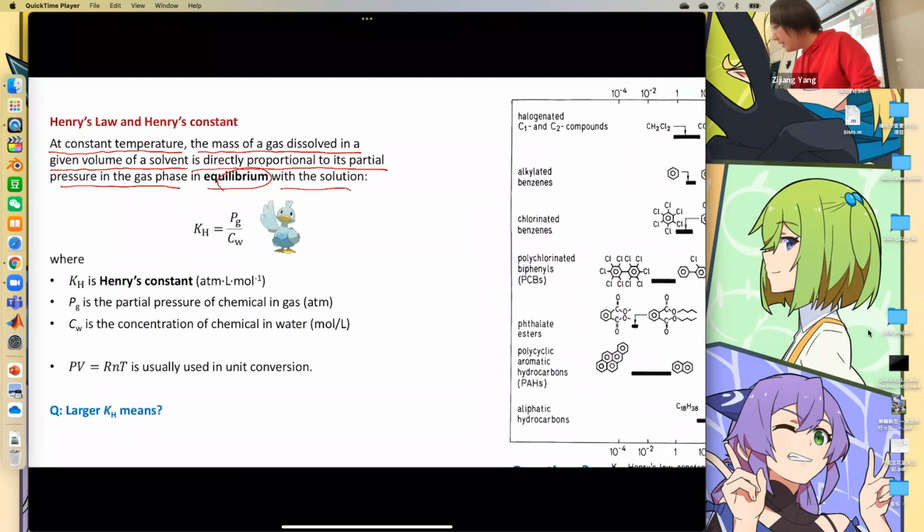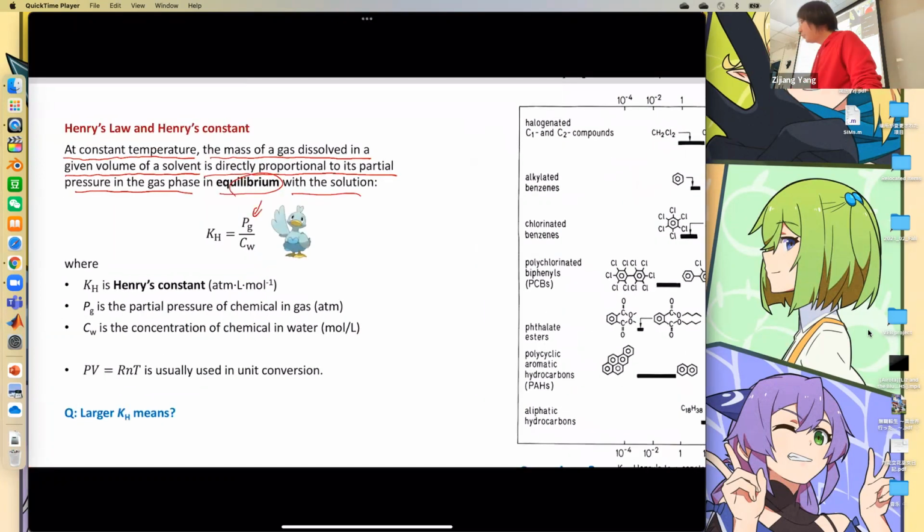So in other words, the partial pressure of the gas and the concentration of the chemical in the water, their ratio is a constant. And it also emphasizes that they should be at equilibrium.